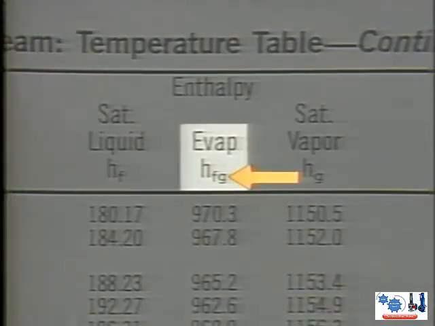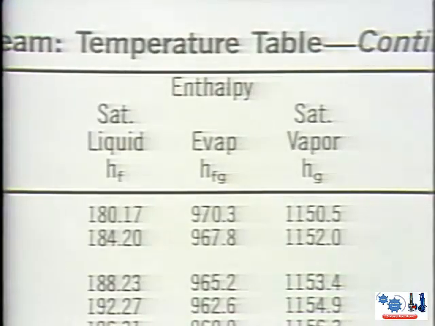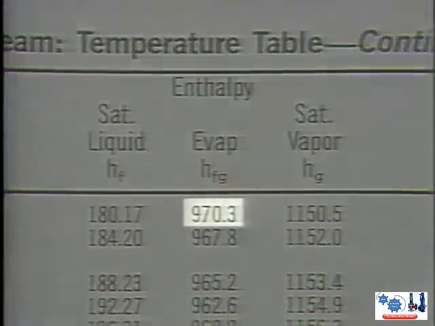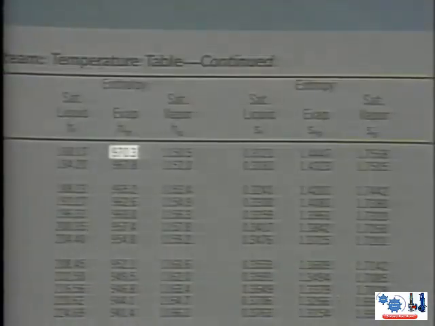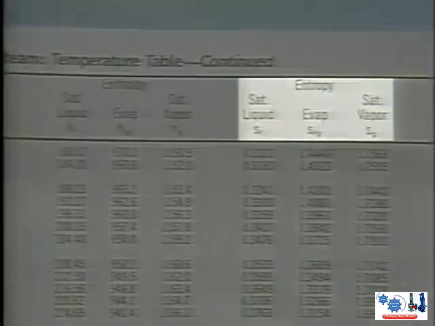This column represents the difference between the enthalpy of saturated water and saturated steam, or more simply, the latent heat of vaporization. For our example, the latent heat of vaporization for 212 degrees and at 14.7 psia is 970.3 BTUs per pound. The next major heading after enthalpy is entropy.